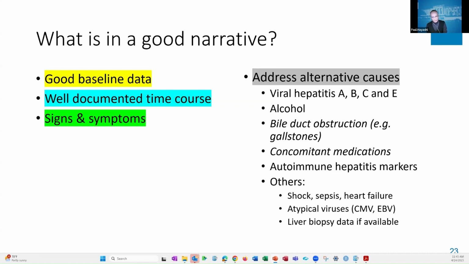Narratives vary, in my experience, quite a bit, from really quite incoherent to really excellent. I color code these for a reason you'll see in the next slide, but we want good baseline data. We want well-documented time course, signs and symptoms, and address the alternate causes. The big four are these first four, and then these others come in behind them. Let me say comments on this time course issue.